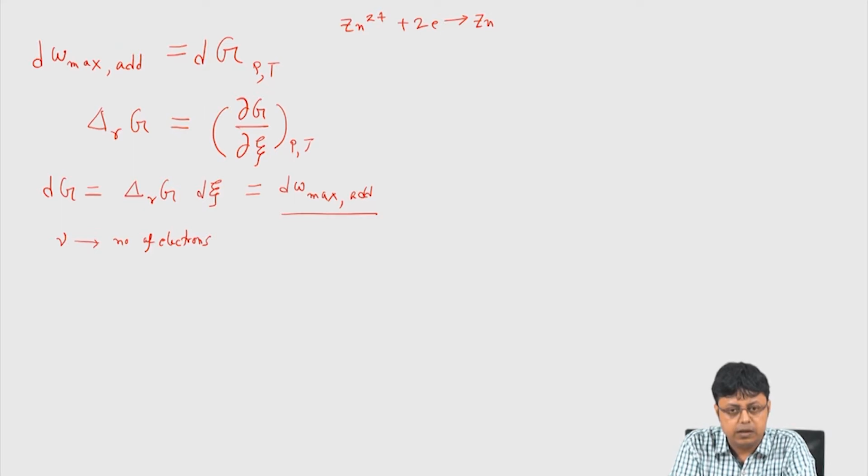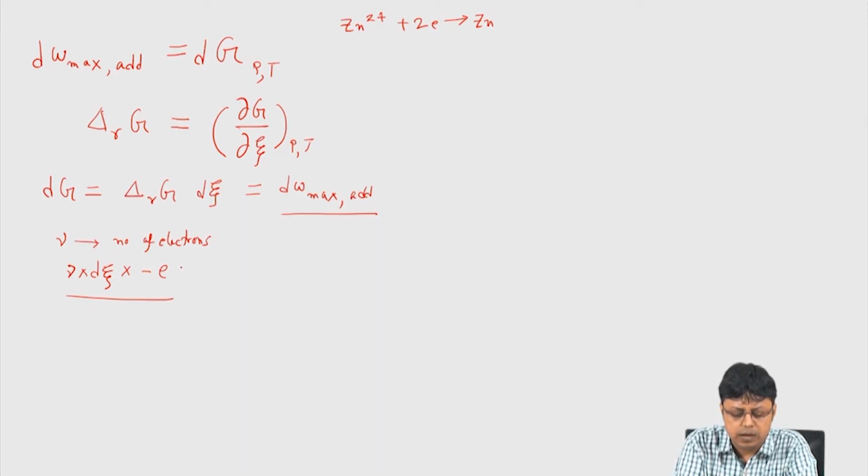Now, if I have nu electrons, and suppose we have a desired amount of advancement, the number of electrons that got lost or gained is nothing but nu times d xi, and since each electron carries a charge of minus e, that will be the total change in charge due to advancement of the reaction by d xi. For 1 mole of this reaction, it will be multiplied by the Avogadro number.